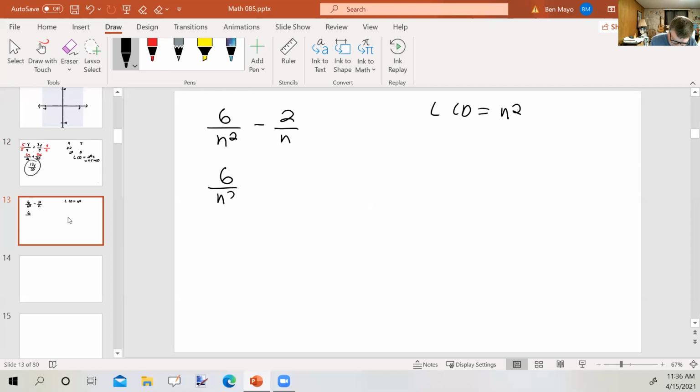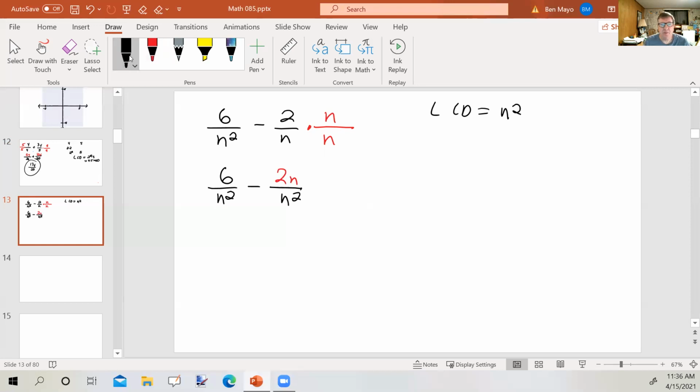So 6 over n squared stays as 6 over n squared, but our second fraction needs to have a denominator of n squared. So what do we need to do to 2 over n so that the denominator is n squared? Well, we'd multiply the denominator by n, which means we'd also multiply the numerator by n. So now our new numerator is 2n.